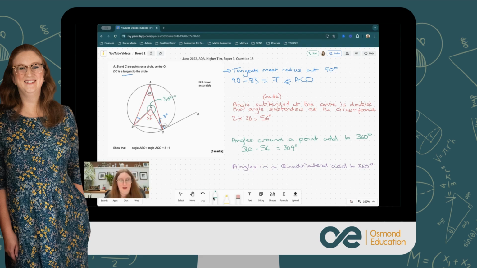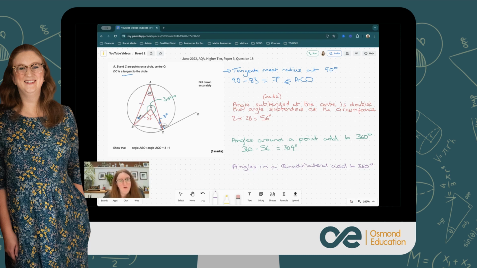Okay. Now, finally, I've already mentioned it, angles in a quadrilateral, so that's 1, 2, 3, 4 sides, they also add up to 360 degrees. Think like a square or a rectangle, we've got 360 degrees.